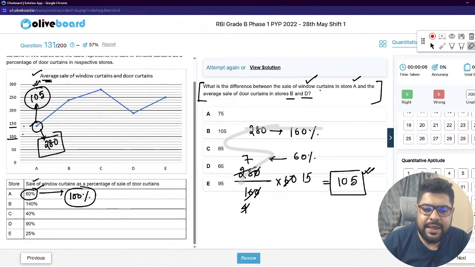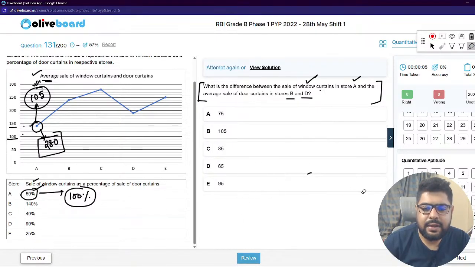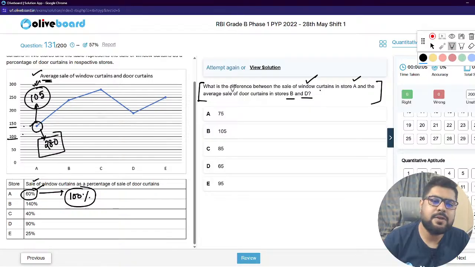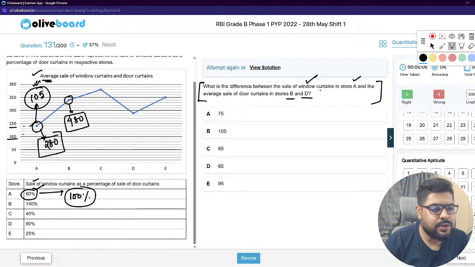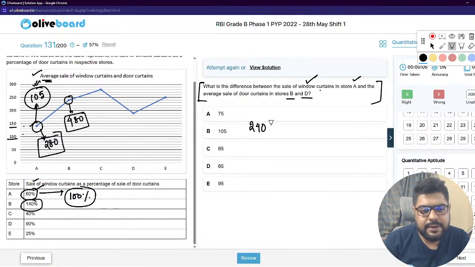Now same thing we must do for the other two shops, that is B and D. Chalo B ke liye, sir, the average is 240, so total will be 480, sir. Now this represents what? For B, 140% is window curtains and 100% is door curtains. So total 240%.